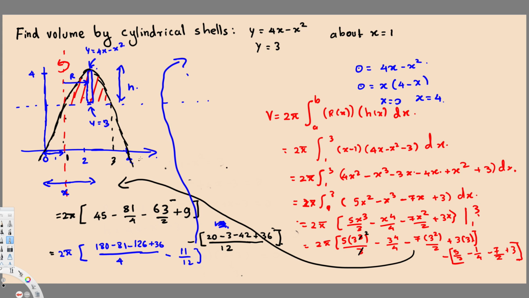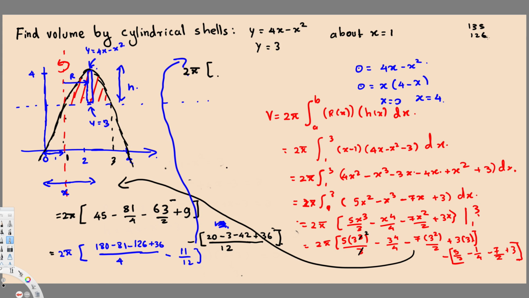Okay, so let's continue with a different color. 2π times 180 minus 81 is going to be 99. 99 minus, let's add this together first. 99 plus 36, that's going to give us 135. 135 minus 126.